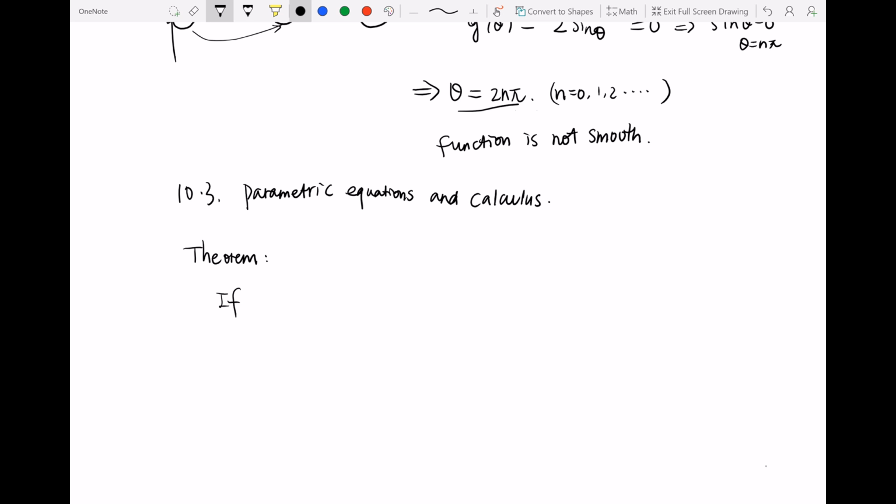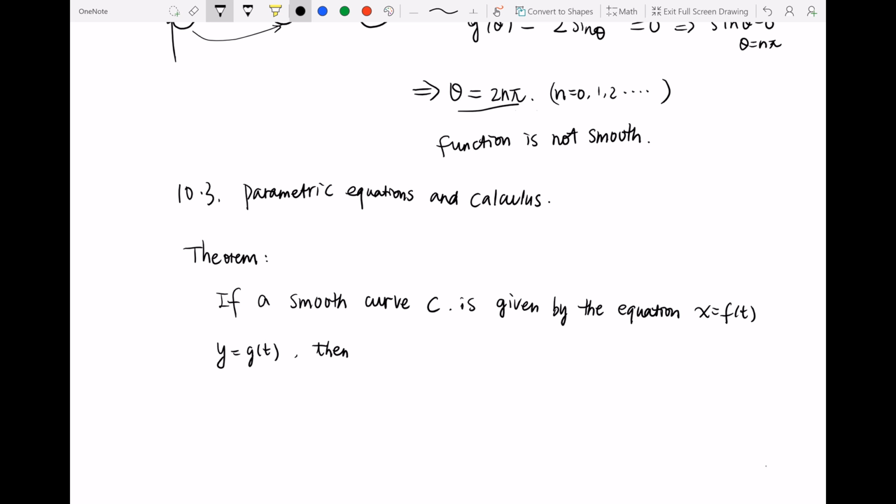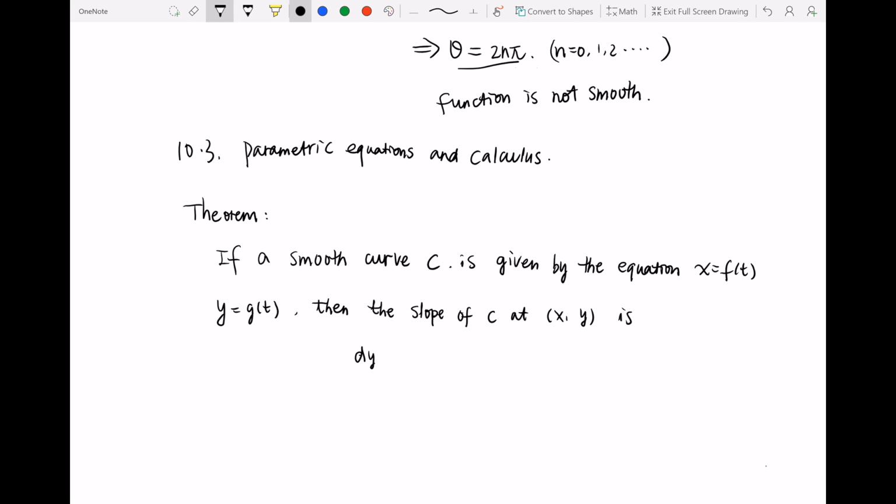Okay, so if a smooth curve C is given by the equations x equals f(t), y equals g(t), then the slope of C at x and y is dy over dx.